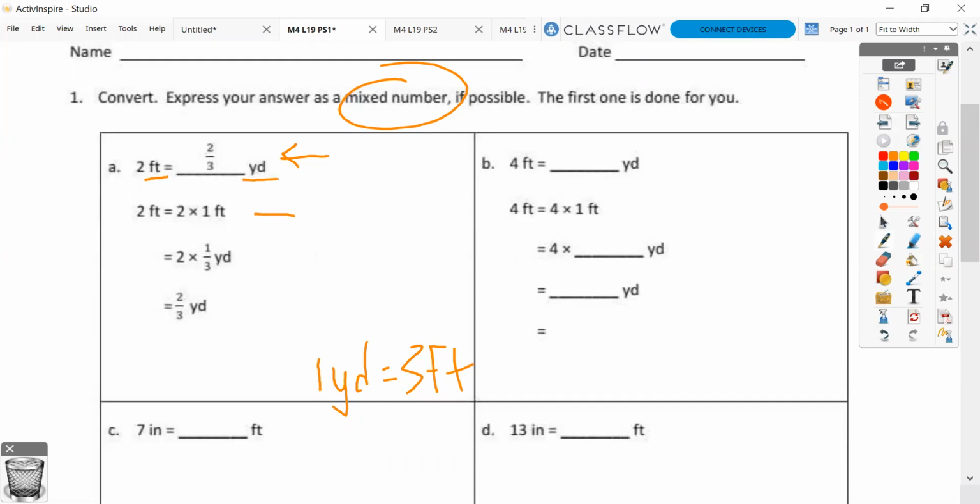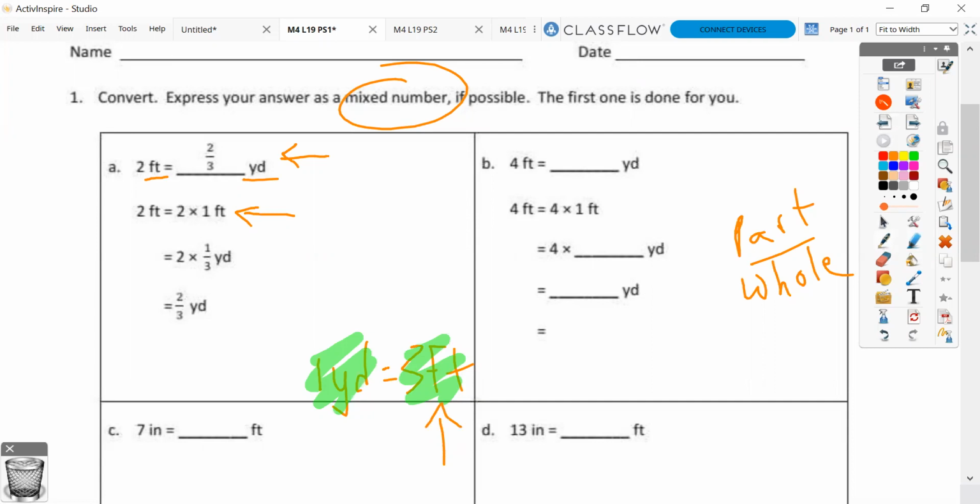Okay. This line right here that they're showing us is just telling us, well, how many 1 foot parts do you have? Because remember, let me also write this, part over whole. We know that fractions are part over whole. So when we're looking to convert 1 yard to 3 feet, every time we have 3 feet, we create a whole.